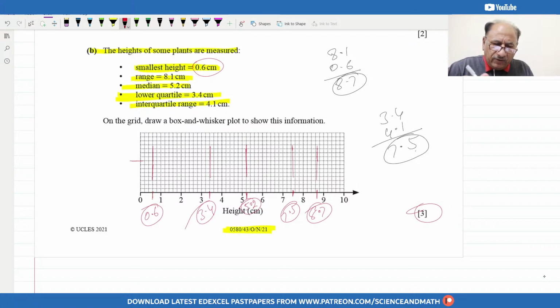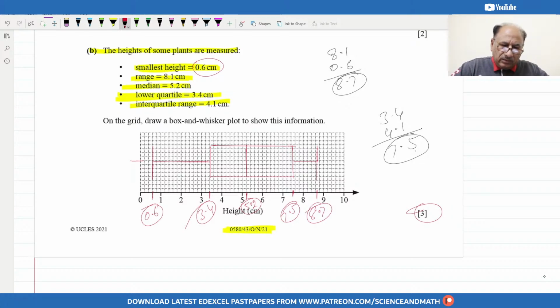Now you will have to make a box between the lower quartile and upper quartile, with the median, and this is the box which we have drawn. From the middle you will be joining the minimum and the maximum values like this, and your box and whisker plot is ready.